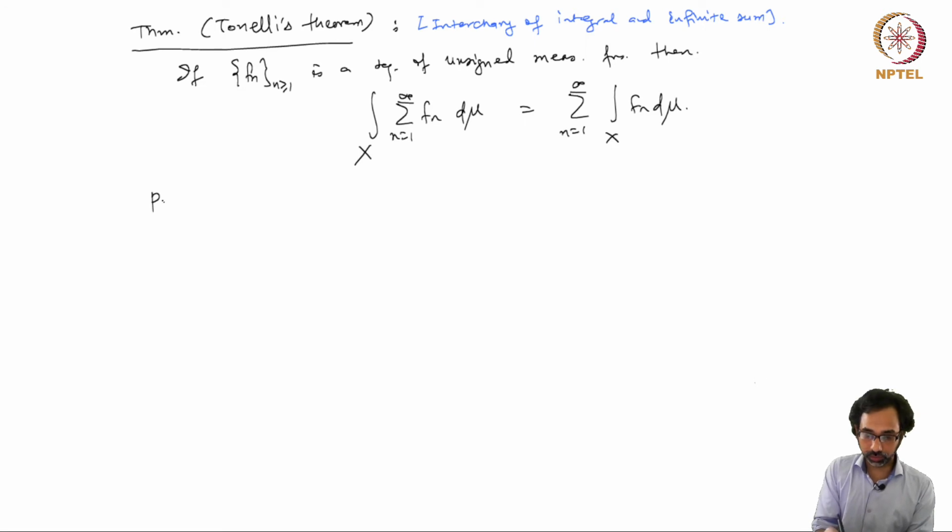So let's see the proof. First we have to show that this holds for finitely many functions f_n. So we can start with two functions. Let f1, f2 be unsigned measurable functions.